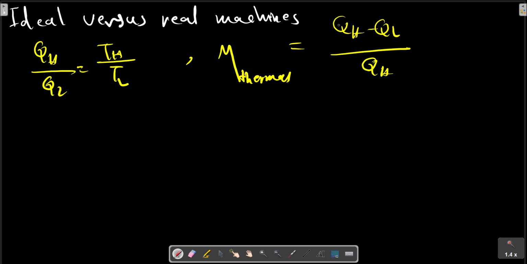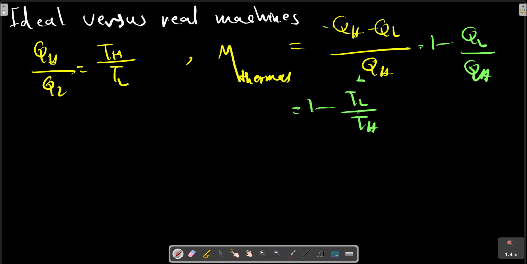Input energy, output energy. Input of QL on QH equals TL on TH.